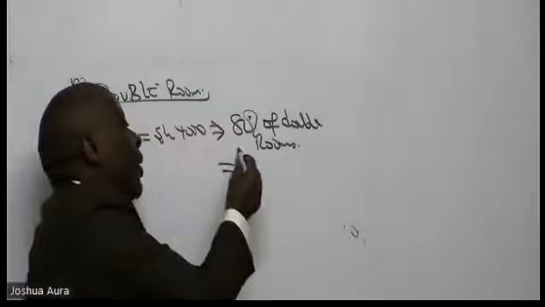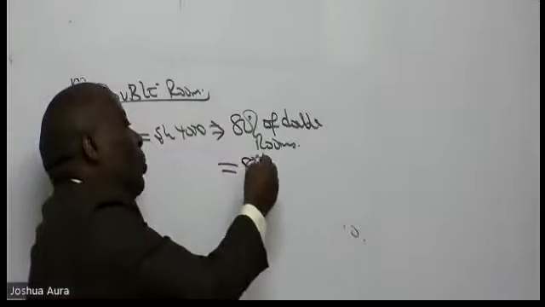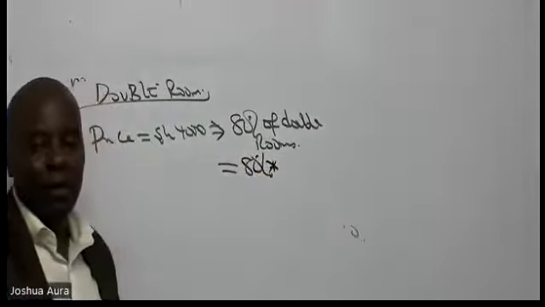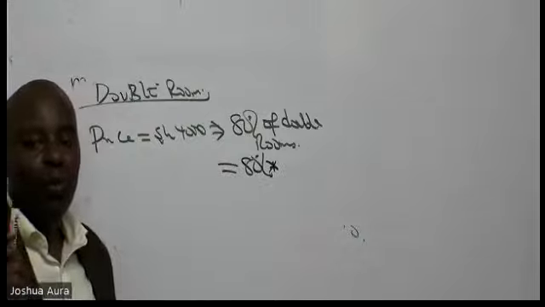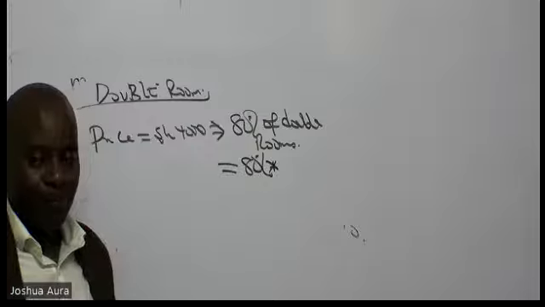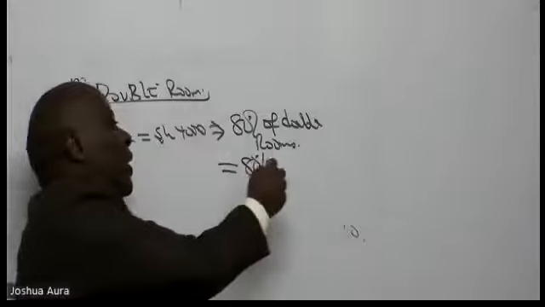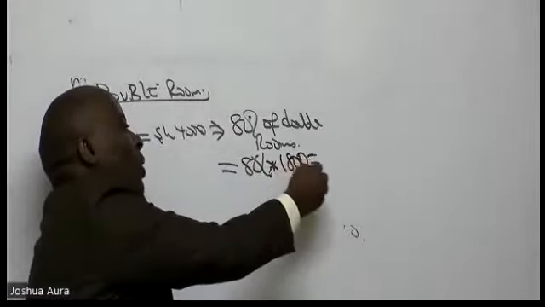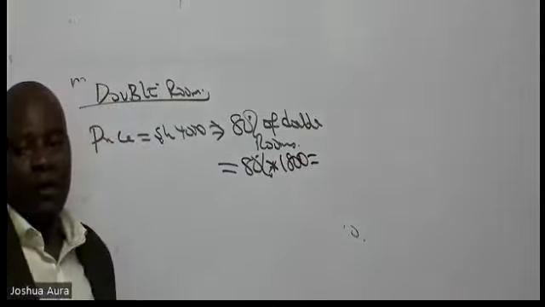So remember up there, you guys had given me the double rooms that are available. Is there somebody who is able to remind us of the number of double rooms that we have from the working we did up there? 1,800. So 80% of 1,800 gives me how much?